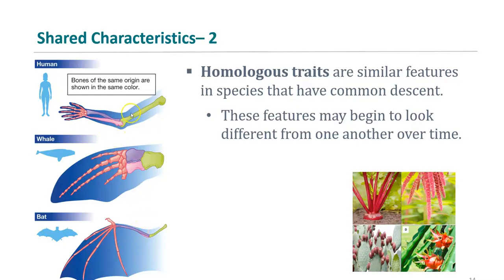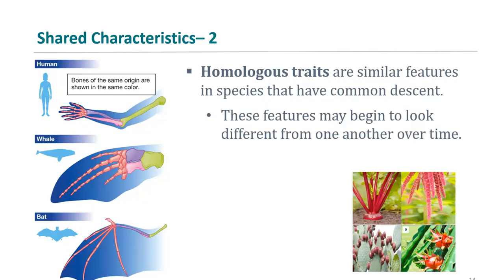Humans use their arms to reach and grab things and carry things, versus the whale that's using it to help glide through the water and swim and steer, and the bat that's using it for flying. Obviously very different functions for these limbs, but when you look at the internal structure, they are all very similar, and that's due to them having a common mammalian ancestor that passed on their DNA, their developmental sequences of how to develop these bone structures, and they became modified over time to serve these different functions within these different environments.